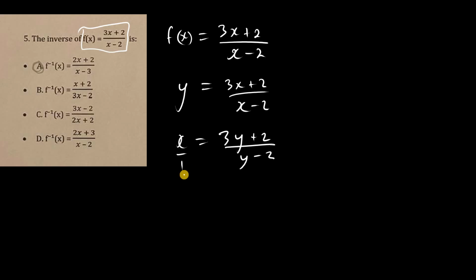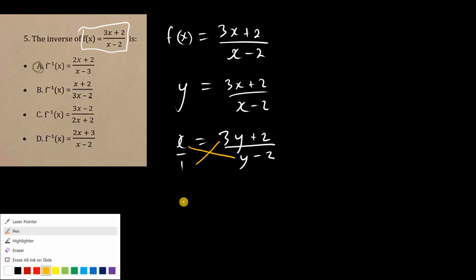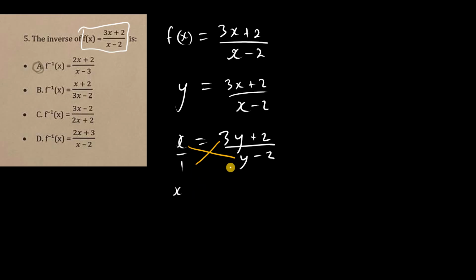Then, the next step, we're going to cross multiply. So here, we're going to multiply these guys and then these guys. So, we should have now x will multiply the binomial y minus 2. 1 will multiply the binomial 3y plus 2.